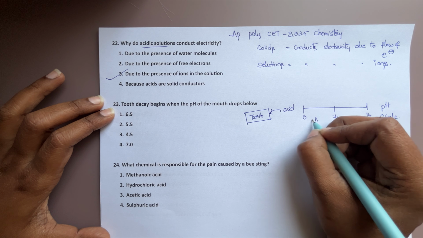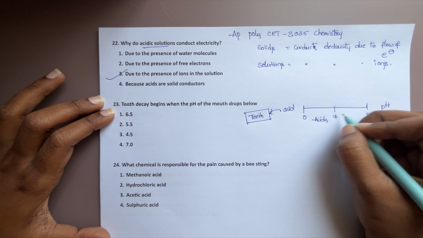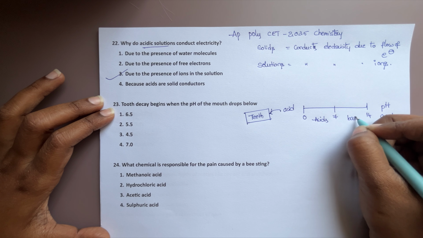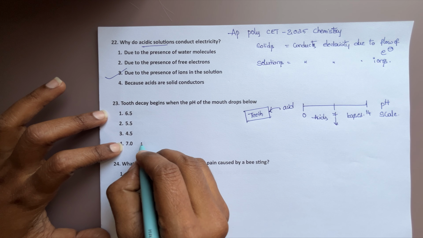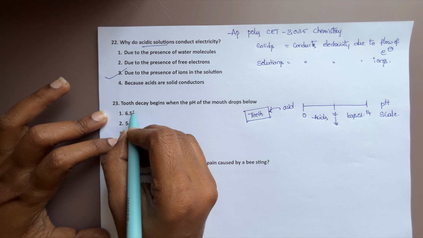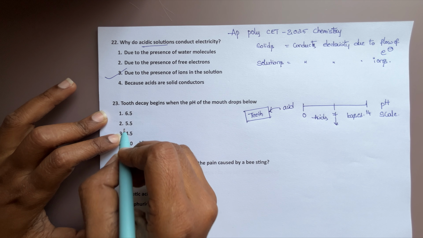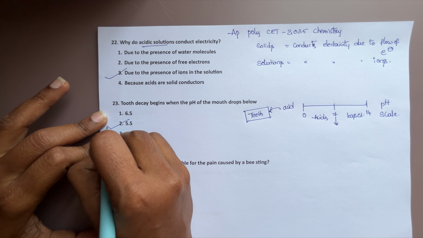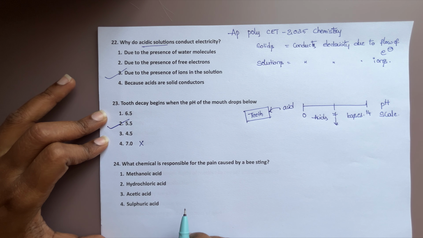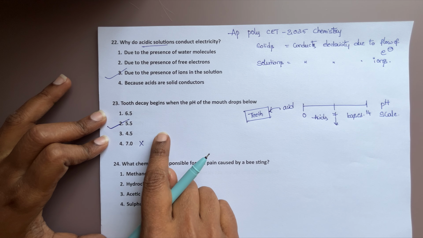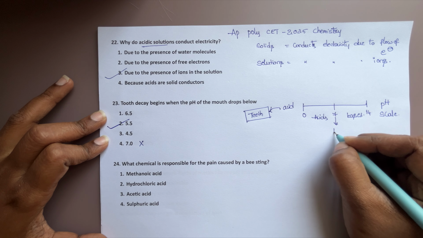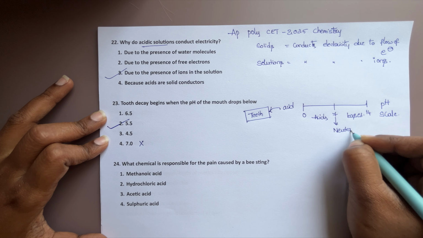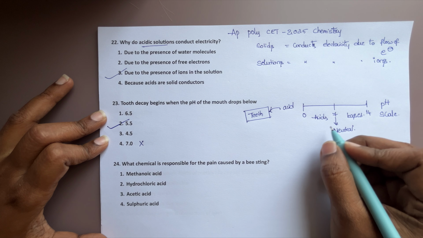Up to 7 those are acids, 7 to 14 are bases. 7 is neutral, neither acid nor base, so it is not the answer. Among the remaining three, 5.5 is the exact answer. This is fact-based, you have to remember this.